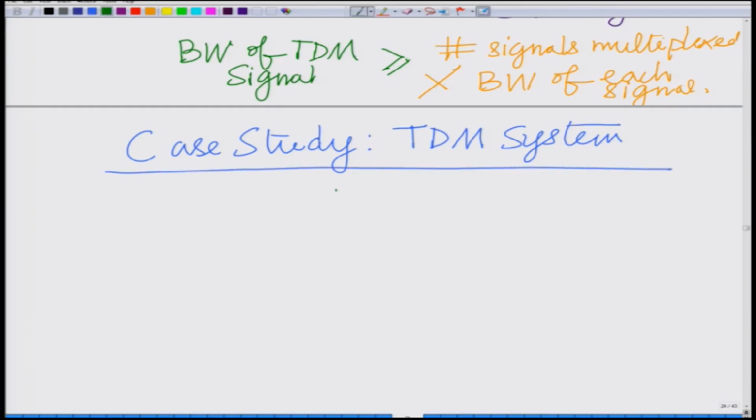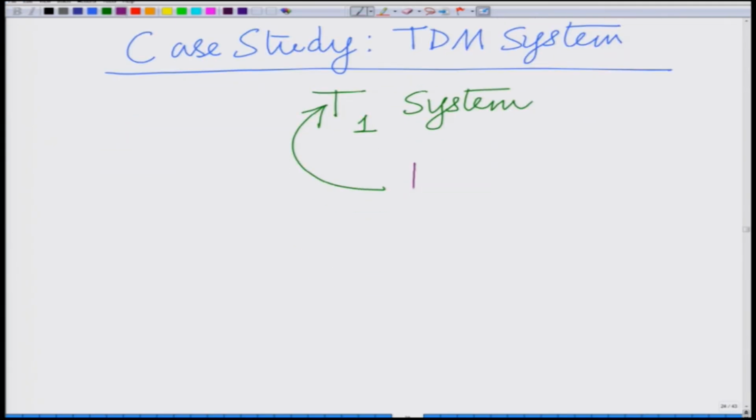In particular, we want to consider one particular TDM system, that is the T1 system that is used for telephony. This is used for voice communication, voice telephony.